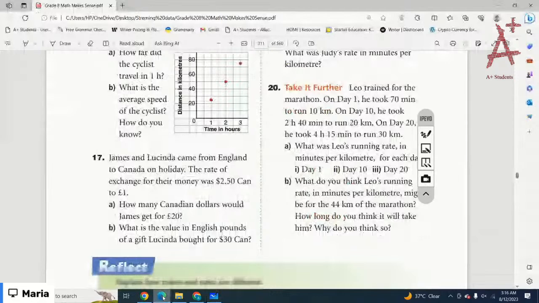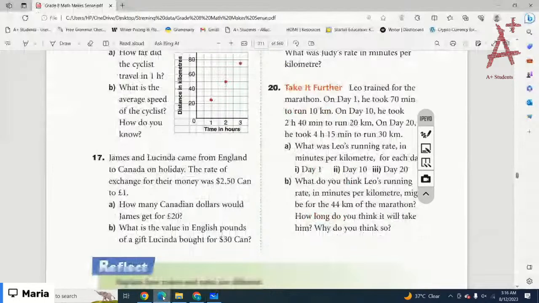Not dollars, that is pounds. What is the value in English pounds of a gift Lucinda bought for $30 Canadian? James and Lucinda came from England to Canada on holiday.